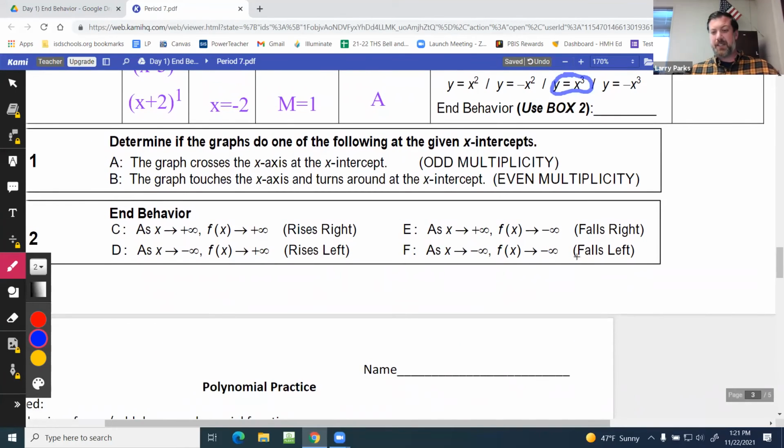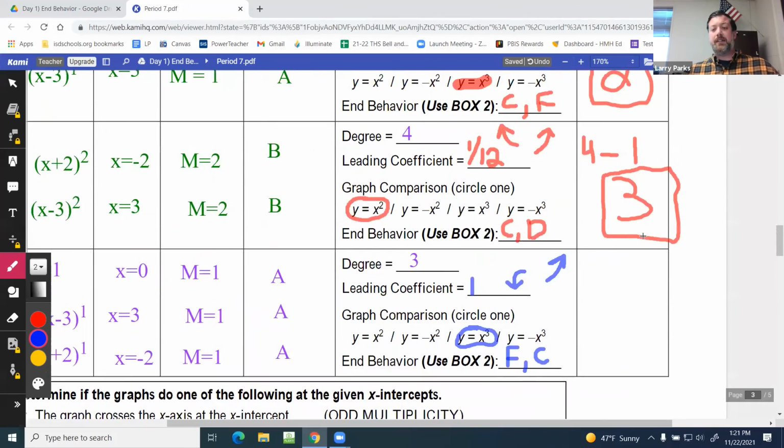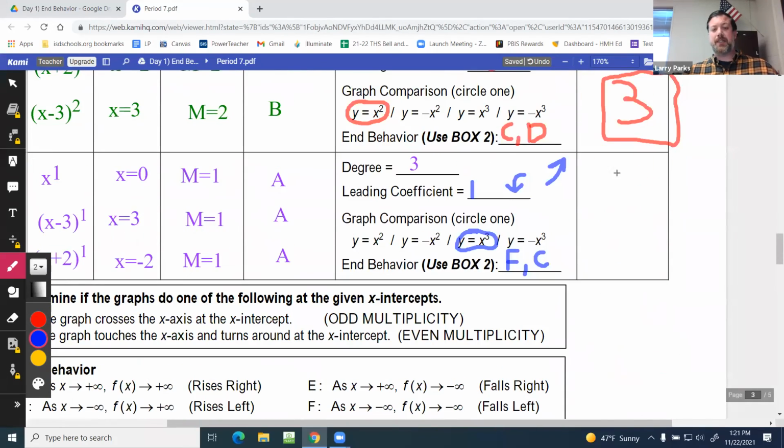So falls on the left, F, rises on the right, C. So I'd say F and C. Now, the maximum number of turning points, I just take 3 minus 1. And I get 2, maximum number of turning points, 2.